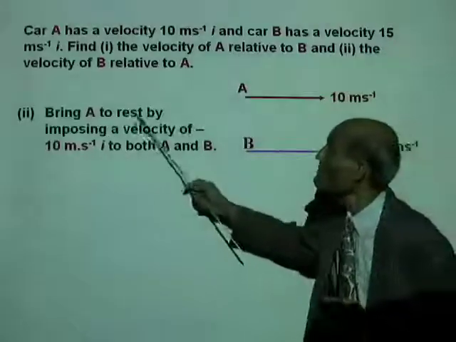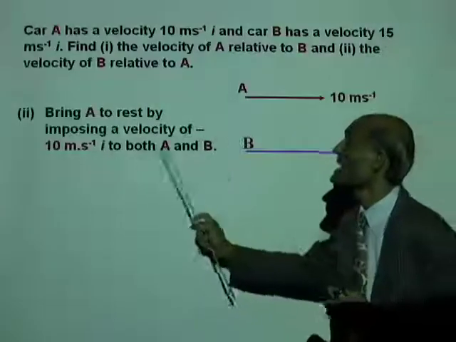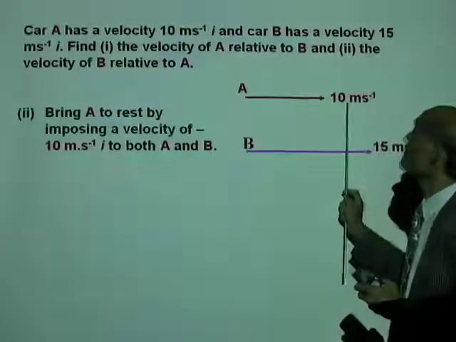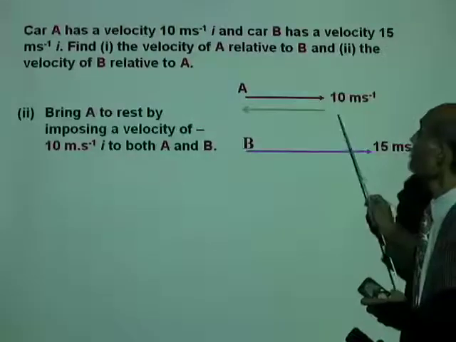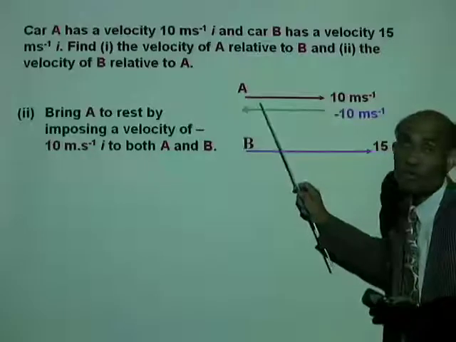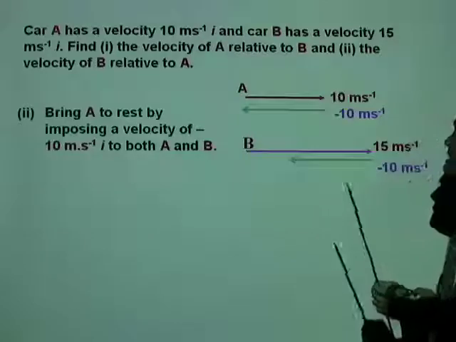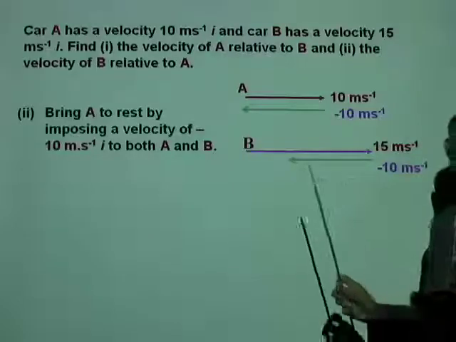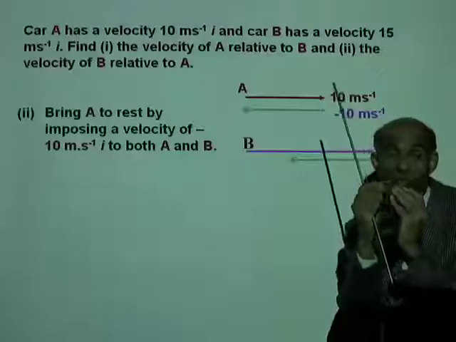So bring A to rest by imposing a velocity of negative 10 meters per second to both A and B. So here negative 10 meters per second is imposed on A and negative 10 meters per second is imposed on B. And now A comes to a stop, that is the reference frame.